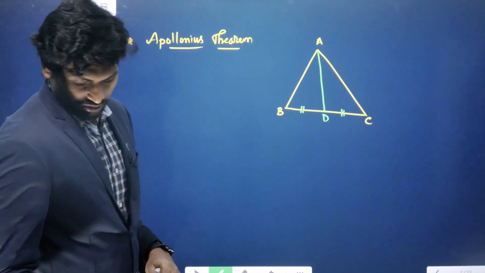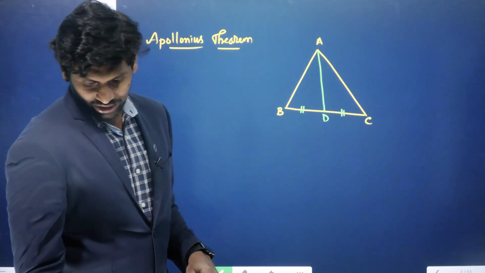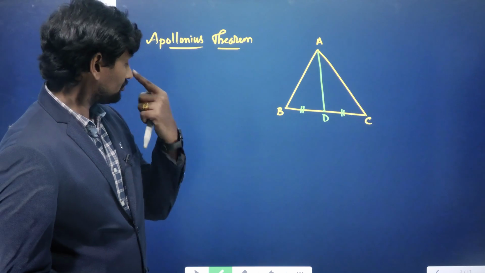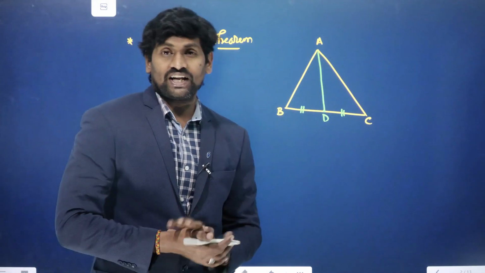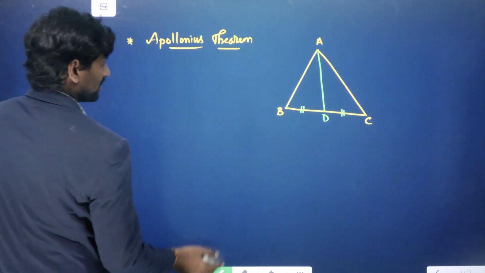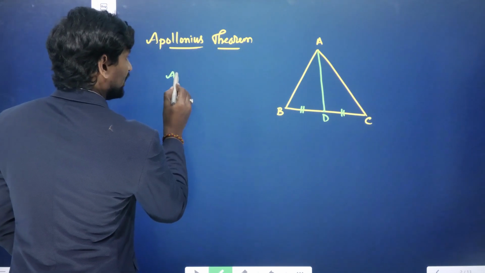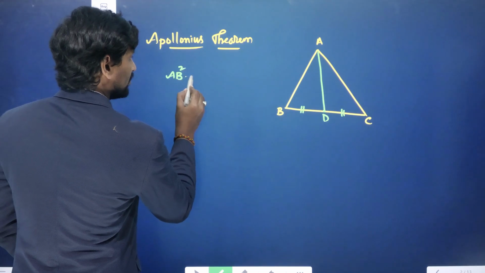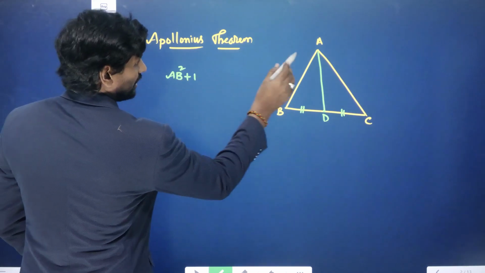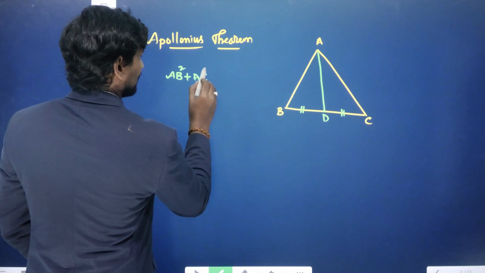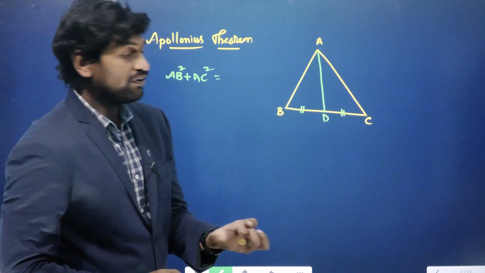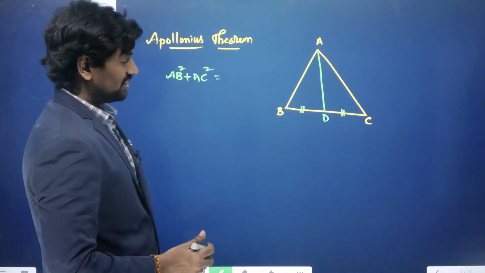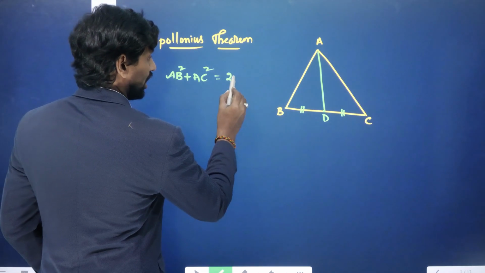Now from the Apollonius theorem we should discuss that the sum of the squares of any two sides of the triangle, that means AB square plus AC square, is equal to 2 times the square of half of the third side, and 2 times the median square.